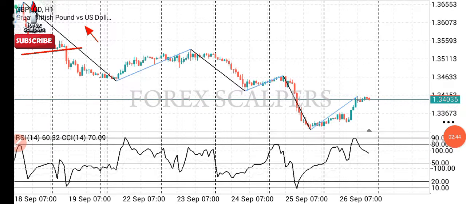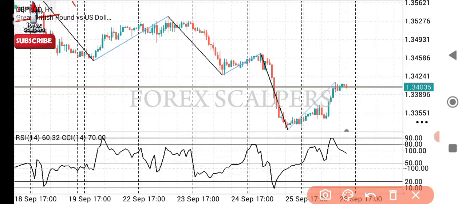Now looking at my chart, can you see how perfect this helps me to identify my structural pattern? Remember earlier, without this indicator, you will see me write and identify structural point.